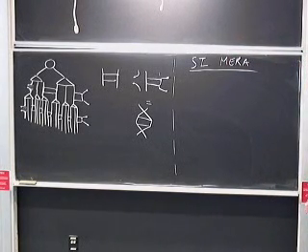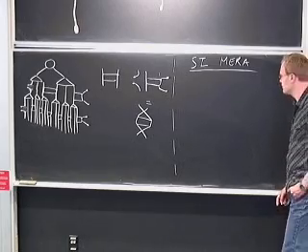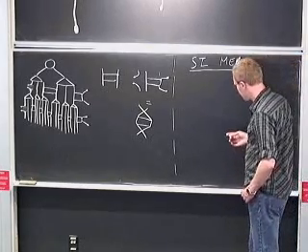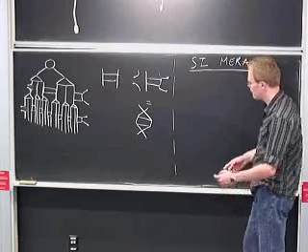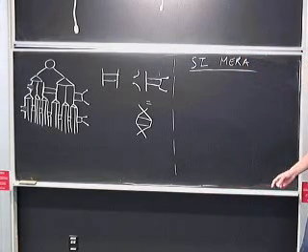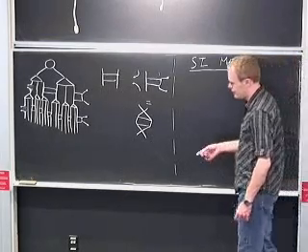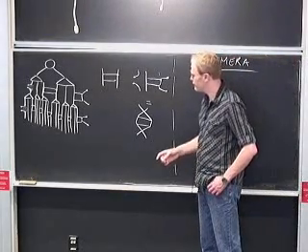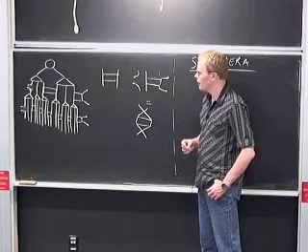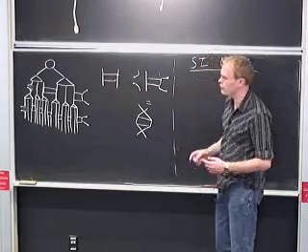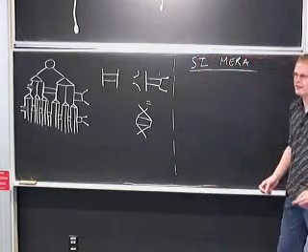Now, with a critical theory, you have the property of self-similarity, in that if you look at it at different length scales, then, to put it crudely, the theory looks basically the same at many different length scales.